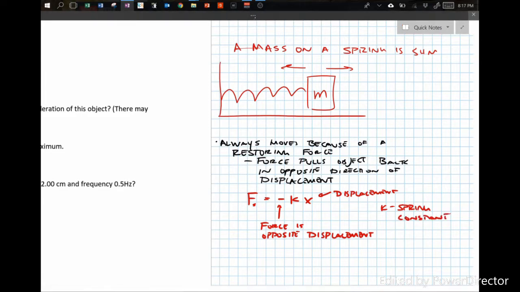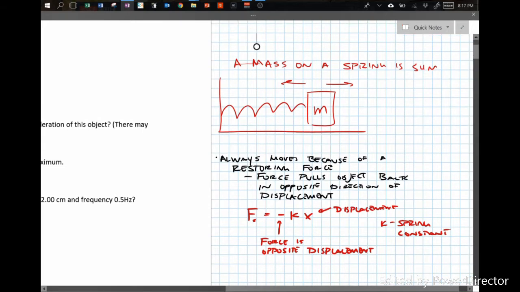Now, when we pull this mass back or forward, if we displace the mass out to here, this is the equilibrium position where the net force is 0. This is one amplitude out. When we're displaced this far, I have a maximum force. It's pulling me back towards the equilibrium position.